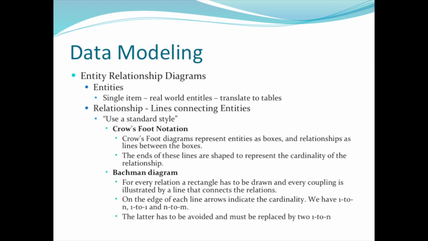The crow's foot is what he discussed here, and then there's a Bachman diagram, which you might be a little more familiar with from some of the tools you're using in Visual Studio and things like that. The crow's foot is more widely understood, with the concept of a single line drawing out to multiple lines.